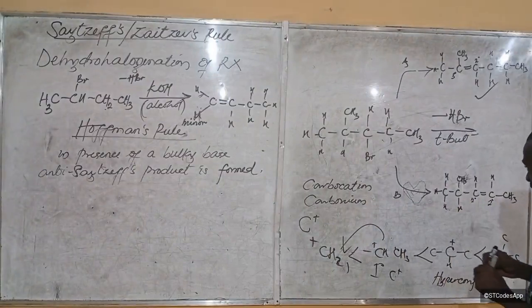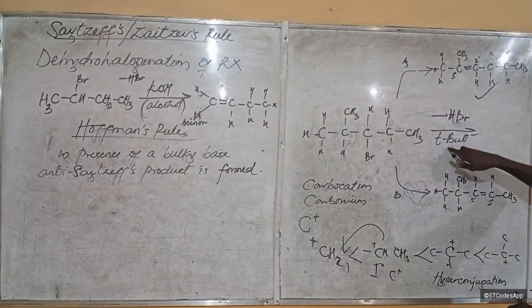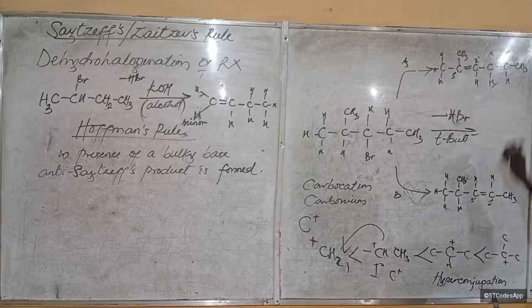So in the presence of tert-butoxide, this will not be our answer. This will be our answer, because this is the easiest to reach carbon.